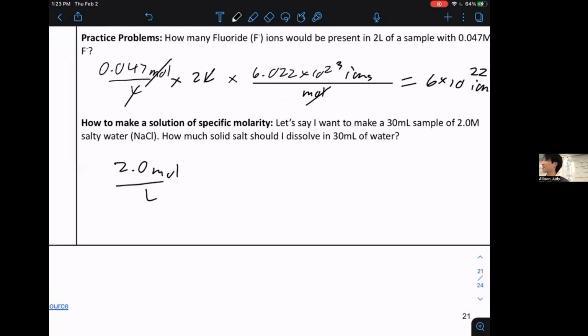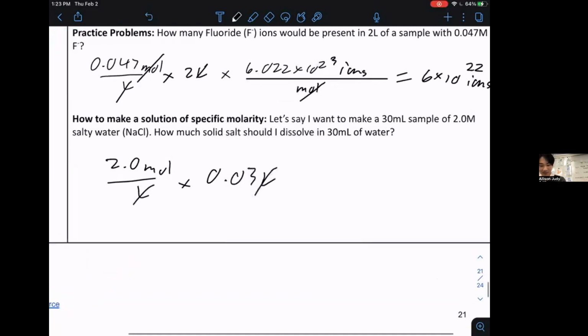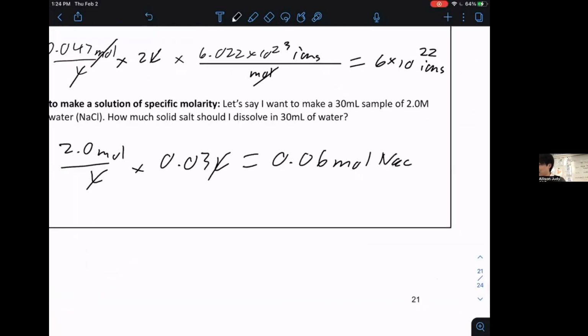So we start off with our given constants, which is 2 molarity, which is moles per liter. And we multiply by 0.03 liters to cancel out the liters. And that gives us moles, which is 0.06 moles of NaCl.